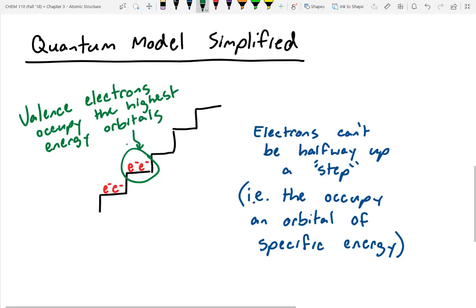So that's a really simplistic view of the quantum model. People get really overwhelmed when they hear the word quantum because it sounds fancy. Basically, it's just saying there's discrete energy levels. That's all it is.